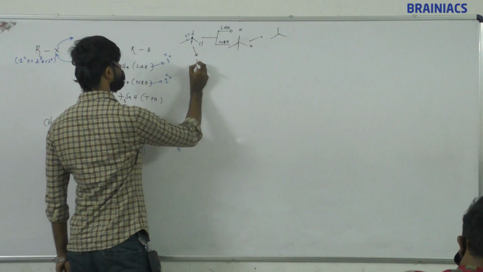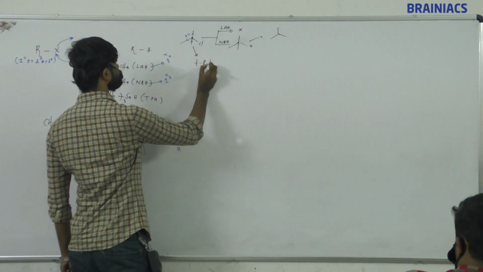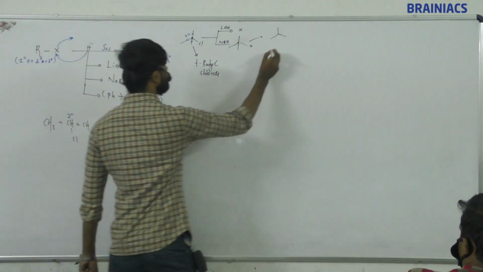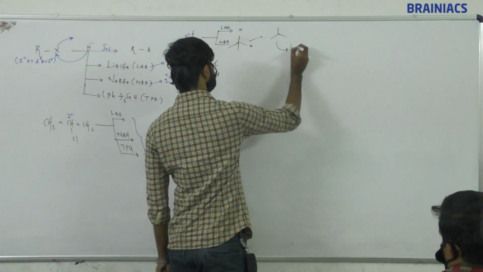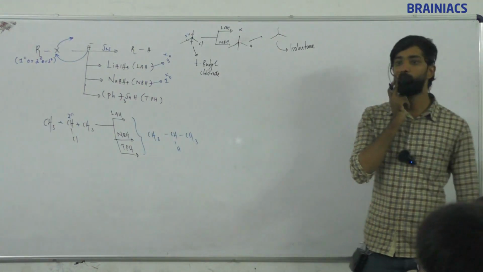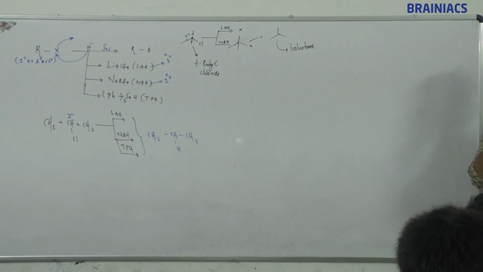The molecule is tertiary butyl chloride and the alkane formed is isobutane.